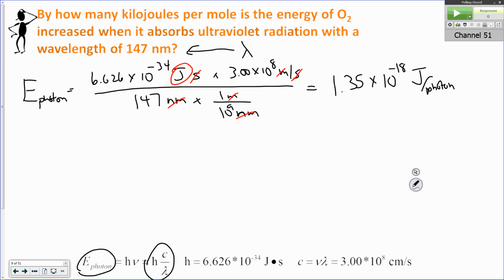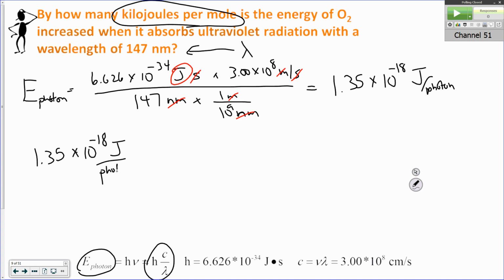And what the question asks, how many kilojoules per mole are there? So how do we go from a number of particles to the number of moles we have? Avogadro's number. Yep. And Avogadro's number is a count system, just like a dozen.